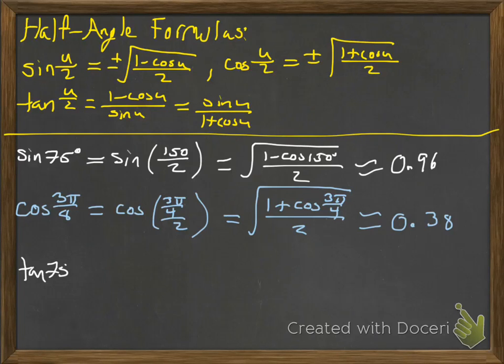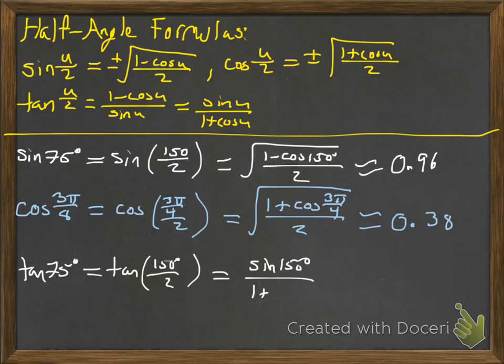And just for good measure, let's go ahead and try one more. Let's say we want to look at the tangent of 75 degrees. So all three of these angles are in the first quadrant, so the tangent will also be positive here. So we'll write this tangent of 150 degrees all over 2. And I'll use the sine on top, so sine of 150 divided by 1 plus cosine of 150.